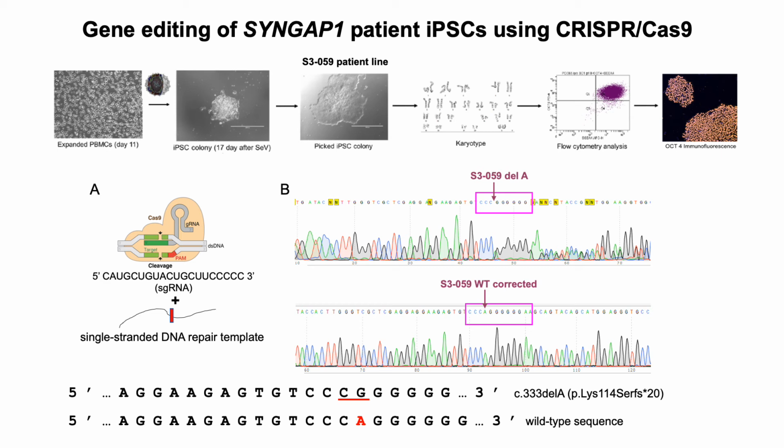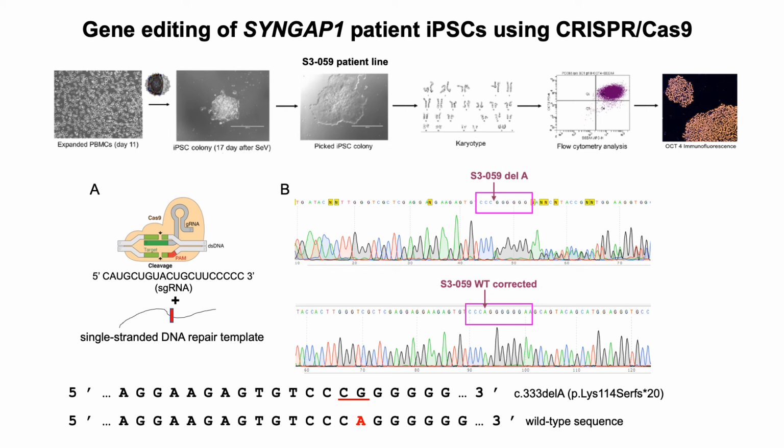This is the patient line with the single point mutation in exon 4. Here it's confirmed by the Sanger sequencing, as we can see. There is an A that has been deleted among the stretch of Cs and Gs.